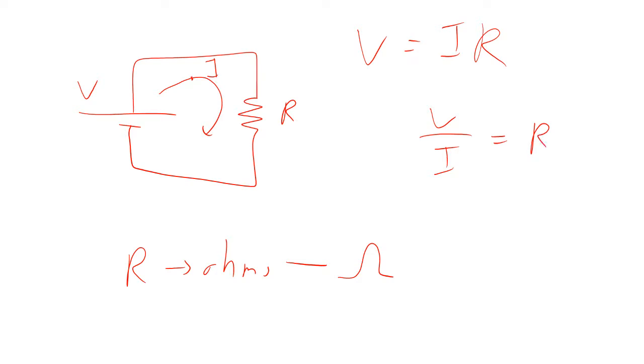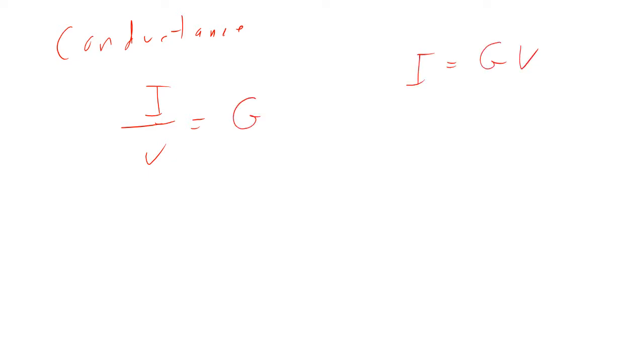Well, in engineering, we often have another thing that we talk about, and that is conductance. Conductance would be I over V, so the current per voltage, and that's G. In other words, I equals GV.